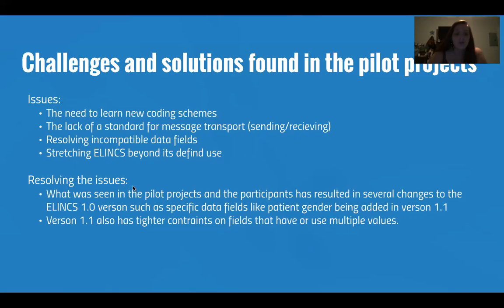So they also resolved those issues by creating time restraints within the specific standards and uses that it gave.